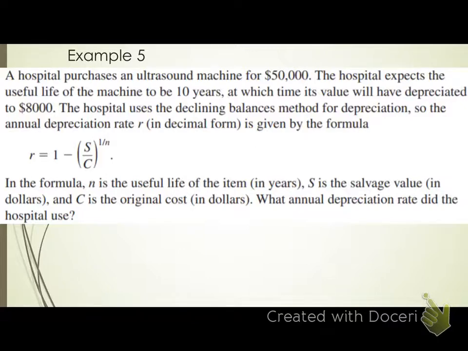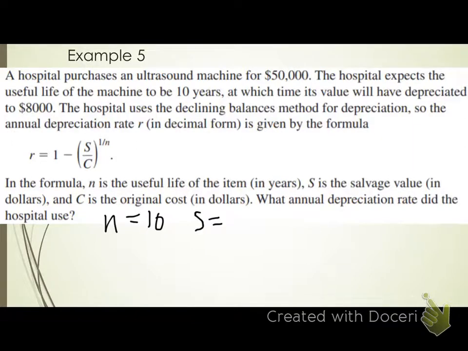So let's look at this real quick. It gives us everything we need. Don't be scared because it's a word problem. It says N is the useful life of the item in years. Do I know what the useful life is? Yeah, 10. It tells me the hospital expects the useful life of the machine to be 10 years. Everyone okay with that? S is the salvage value.